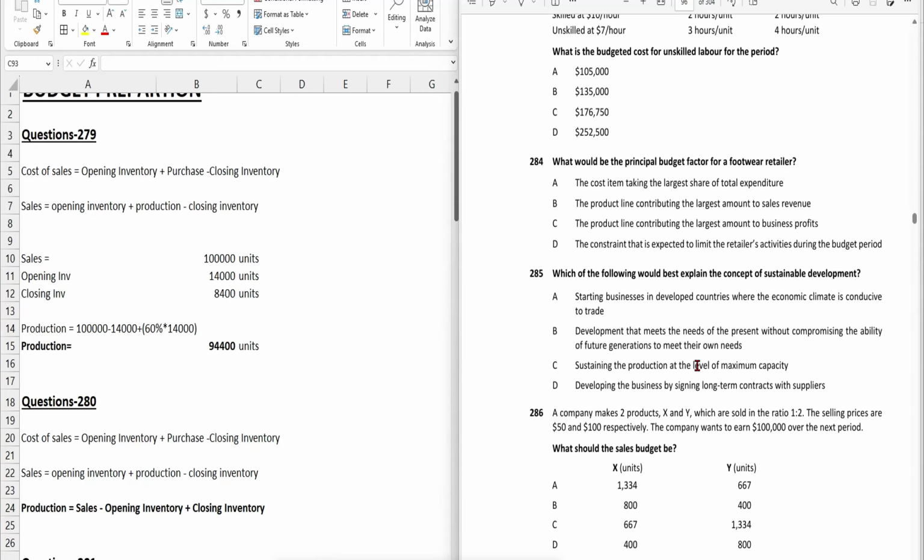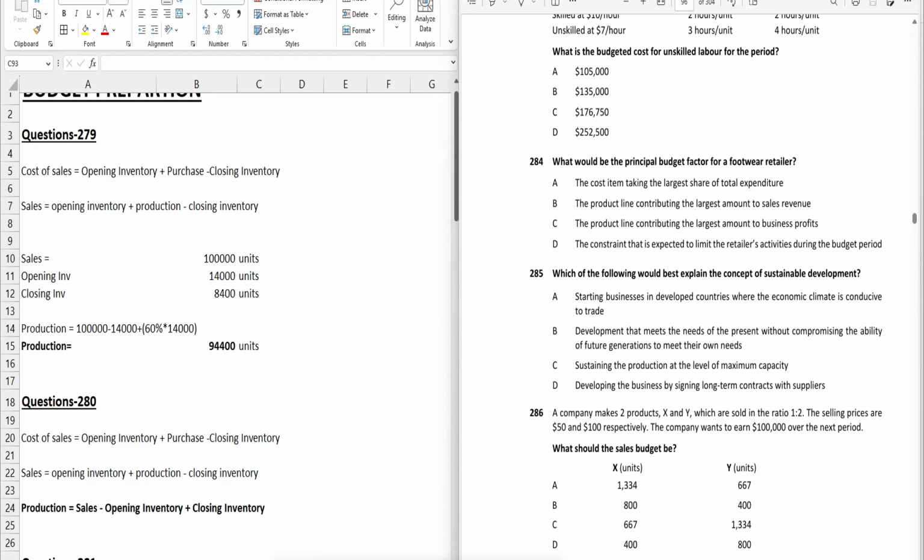For example, if we are cutting the tree right now and we are not planting as well, in that case, we are compromising the needs of future generations, right? So, sustainability means that you should use those resources in such a way that it will not compromise future generations' needs. It will meet the needs of the future generations, right?